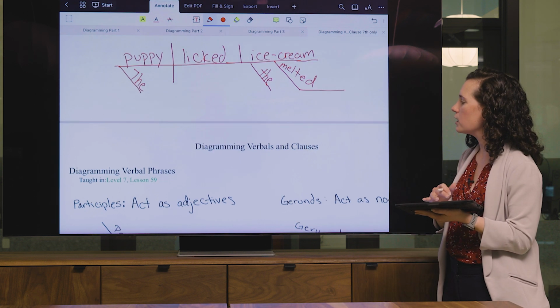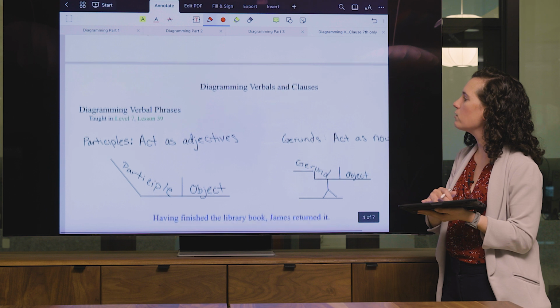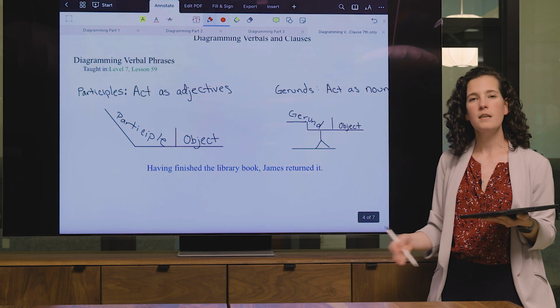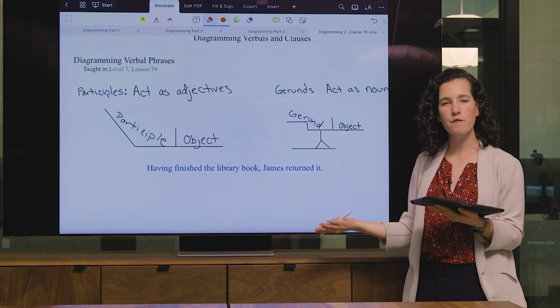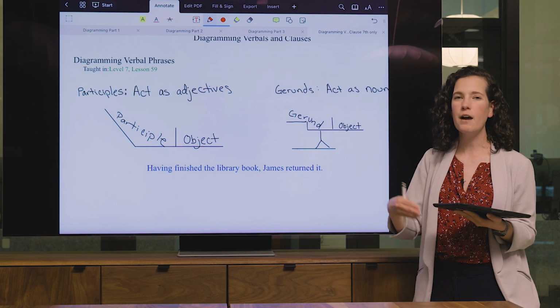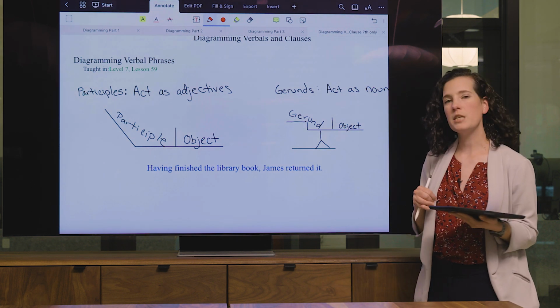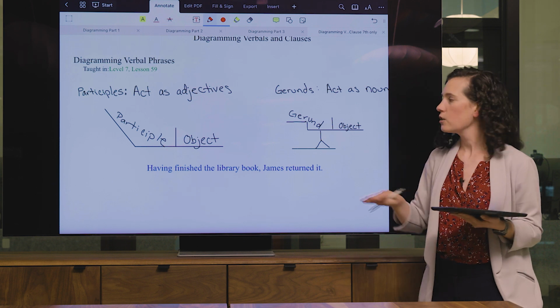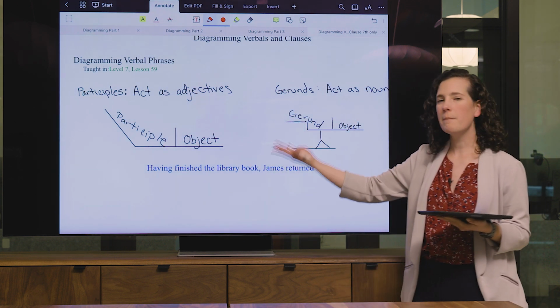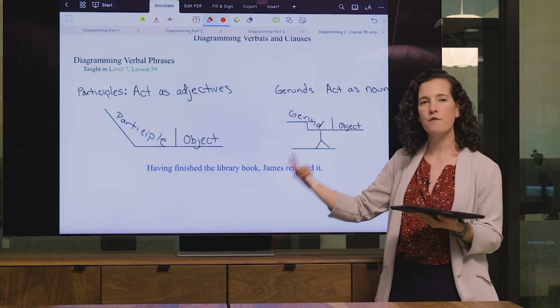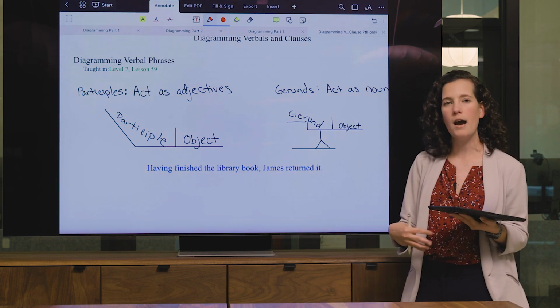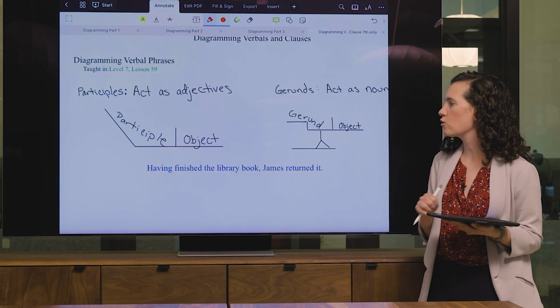Now, this next part shows how to diagram verbal phrases. Because they act like or they come from a verb, they can have other elements that these words wouldn't normally have. Mostly objects, direct objects. Because they have elements of being both an adjective and a verb, or both a noun and a verb, they have these extra elements.